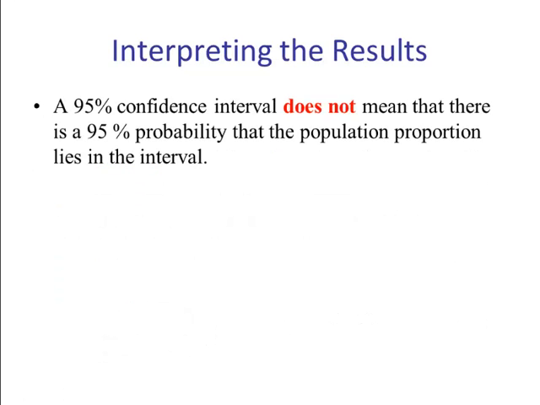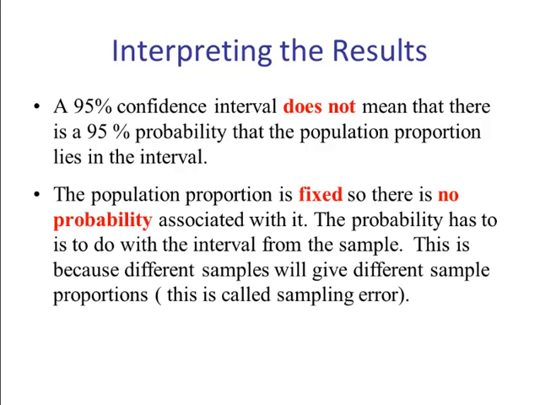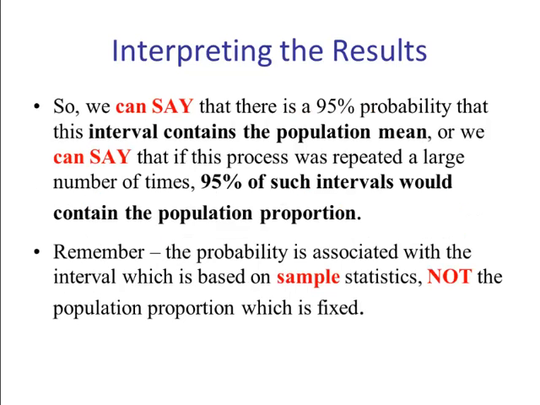A 95% confidence interval does not mean that there is a 95% probability that the population proportion lies in the interval. The population proportion is fixed, so there is no probability associated with it. The probability has to do with the interval from the sample. This is because different samples will give different sample proportions, and this is known as sampling error.